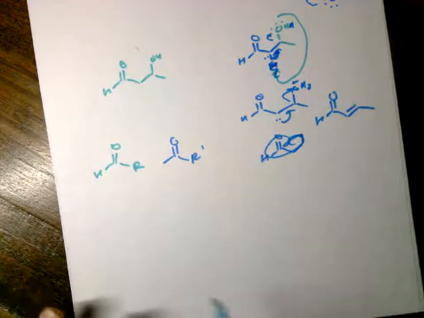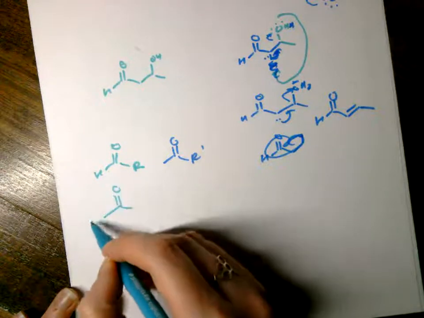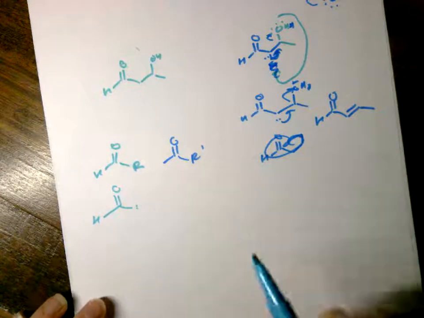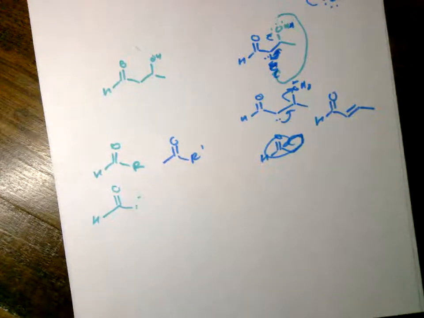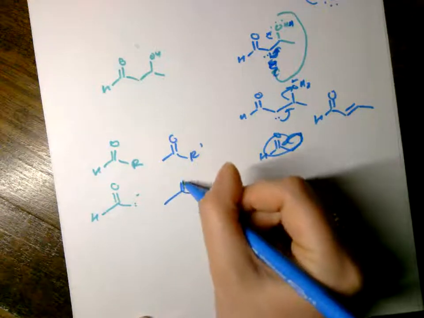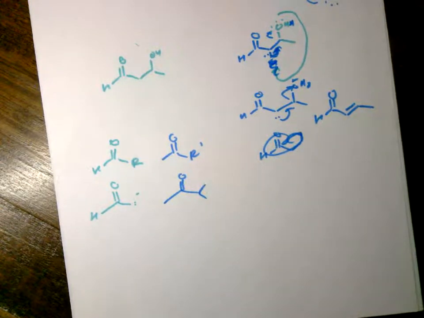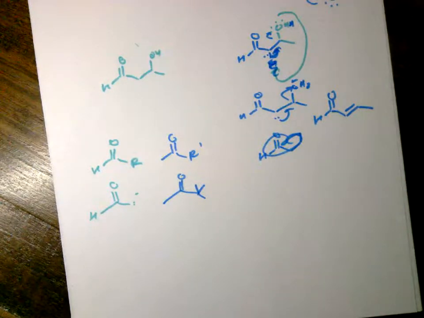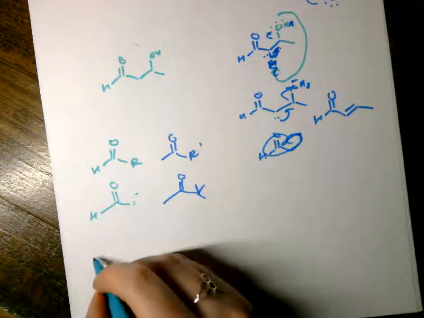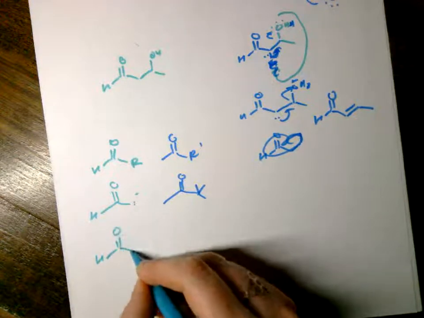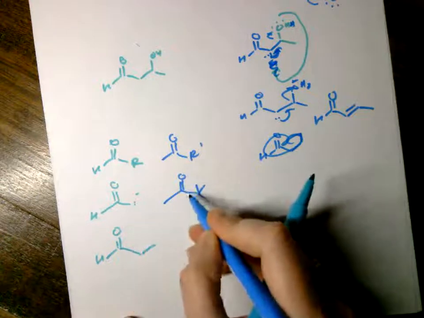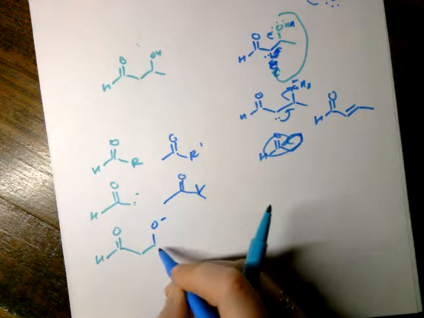The mechanism is the same, but it's just like if you have, let's say, this enolate and this one, we'll do this. So you could have this attack on here, and you get O minus.